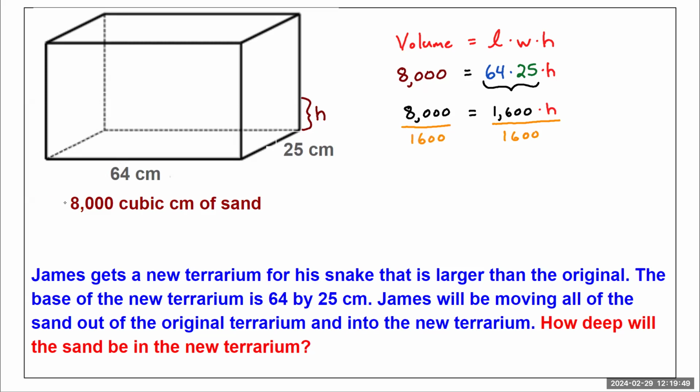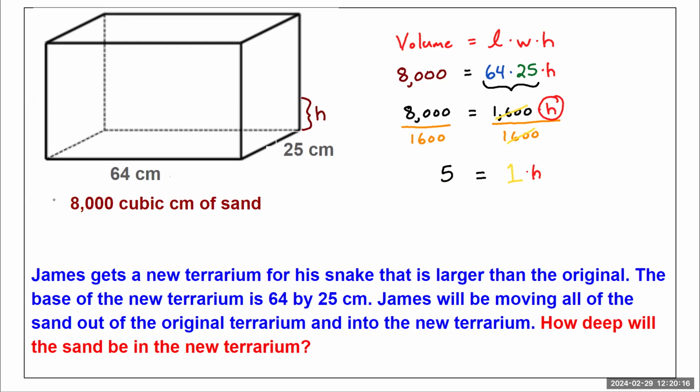And working on the right-hand side first, 1,600 divided by 1,600 gives us an invisible coefficient of 1. We still have our variable of h. That comes straight down, and that is going to be equal to 8,000 divided by 1,600. And that is going to give us a quotient of 5.